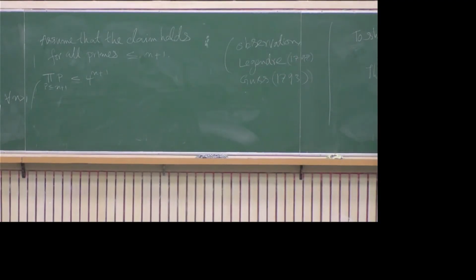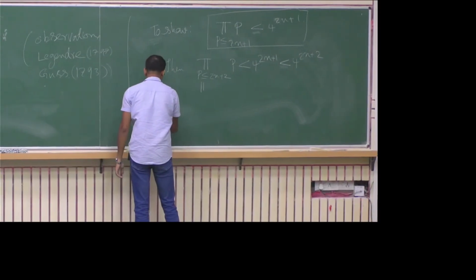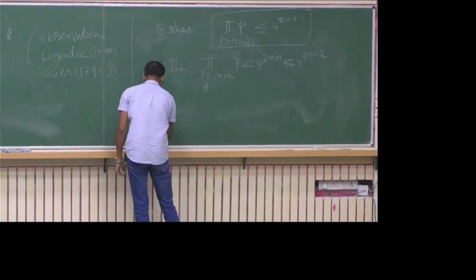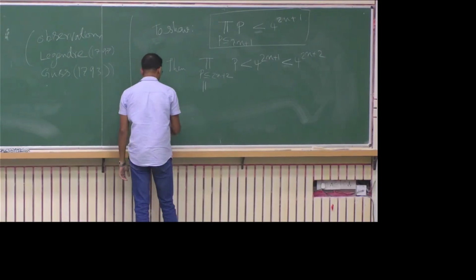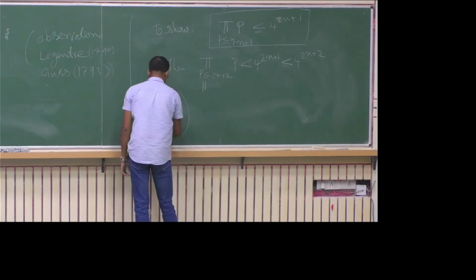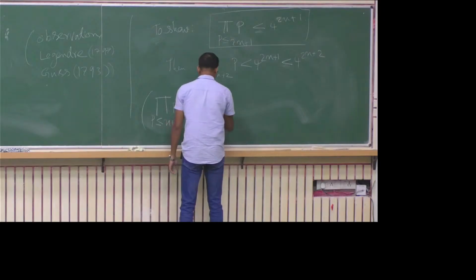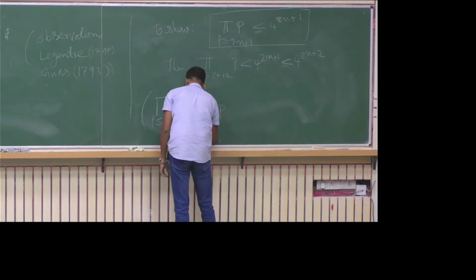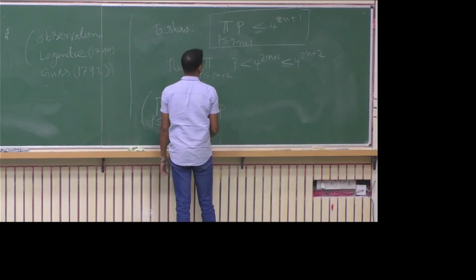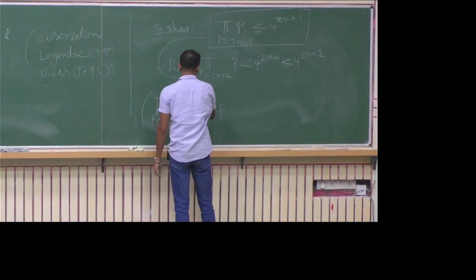Okay, so this part of primes, we write it as the product over the primes which are less than or equal to n plus 1, times the primes which are between n plus 1 and, well, not 1 plus 2, but we are considering this one.